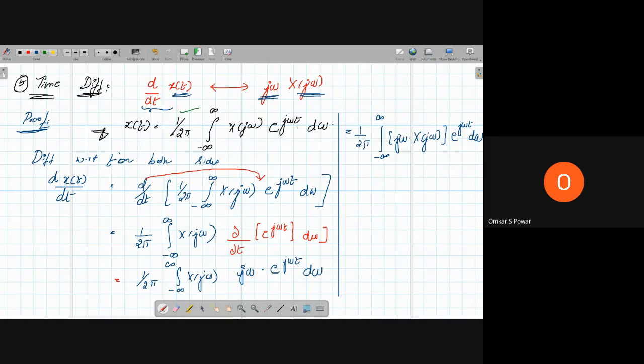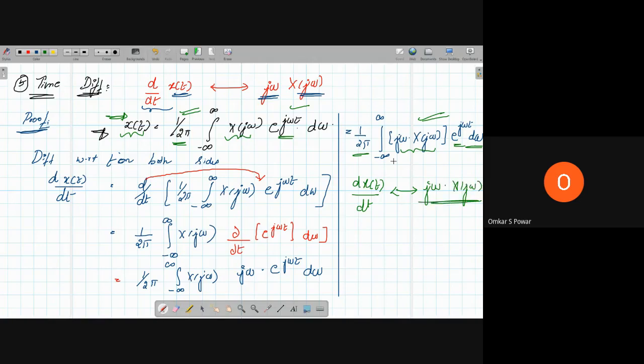So compare this x(t) on your left hand side and this equation here. It looks similar, right? 1 by 2π, 1 by 2π, and e^(jωt) dω. So this term is x(t). Similarly, dx(t)/dt, its Fourier transform, is nothing but jω into X(jω).